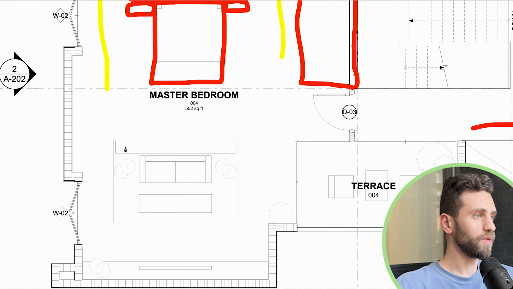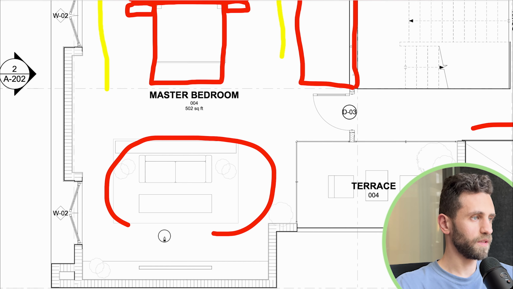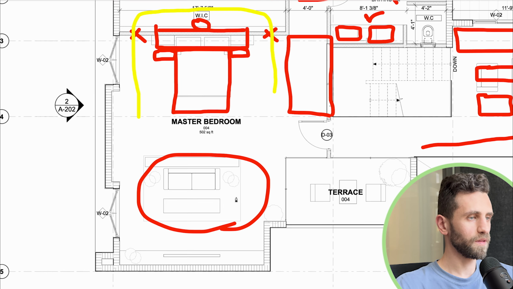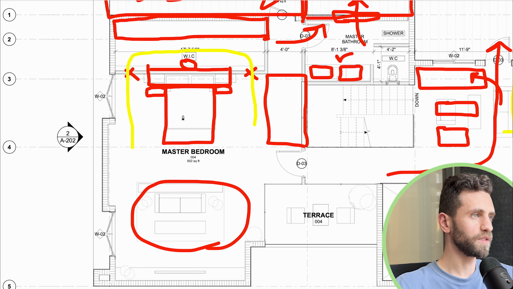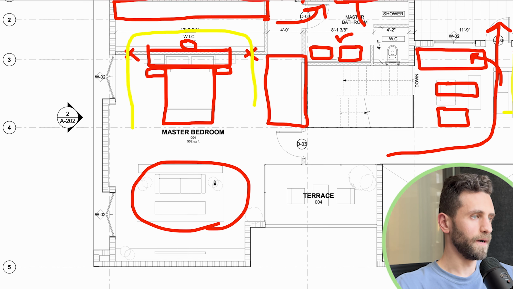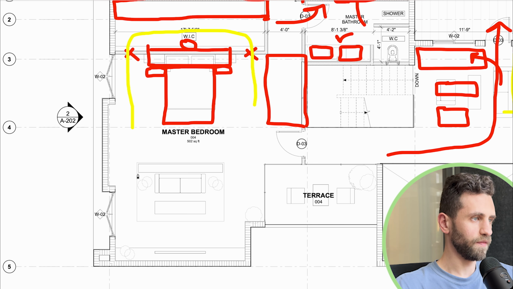Maybe what we can do is, so it looks like this is the living area. Not living, but this is like a space where you're sitting, the sitting area. And this is the bed. I think if we can have maybe shelves here, it goes all the way to the ceiling.